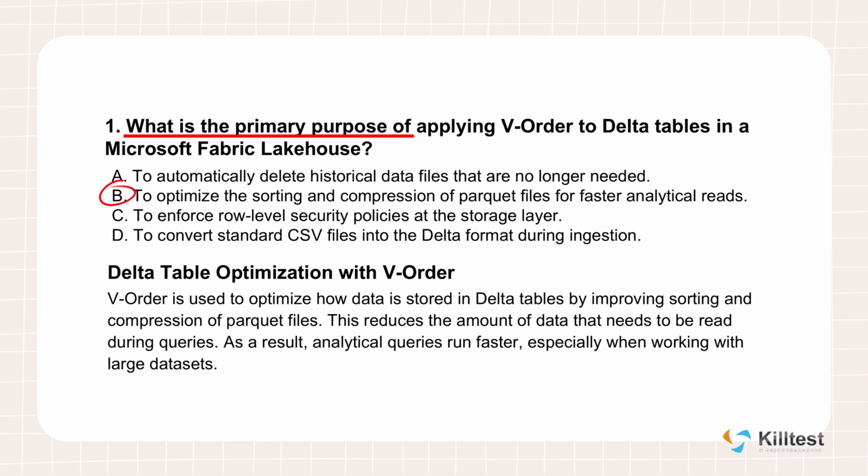People hear lakehouse and they immediately worry about security. Right. But V-order doesn't enforce row-level security. Security is handled at the SQL endpoint or semantic model layer, not by file sorting. Okay, so that leaves option D, converting CSVs to Delta format during ingestion. Also wrong. Fabric certainly has tools to convert CSVs, but V-order is applied to the Delta tables after the fact.